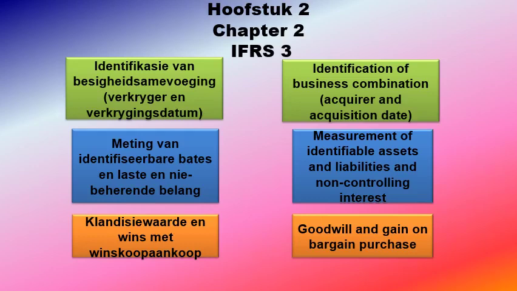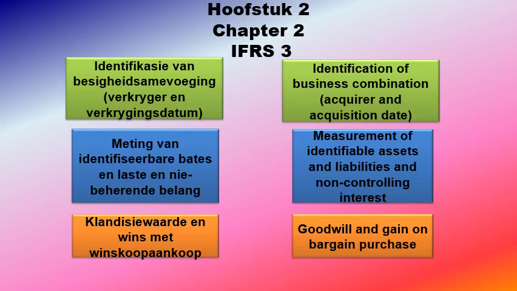The three main things that we get from IFRS 3: it helps us to identify if we have a business combination. Remember we said business combinations trigger group statements if you have control. So it has to be a business combination and you have control, then you consolidate.